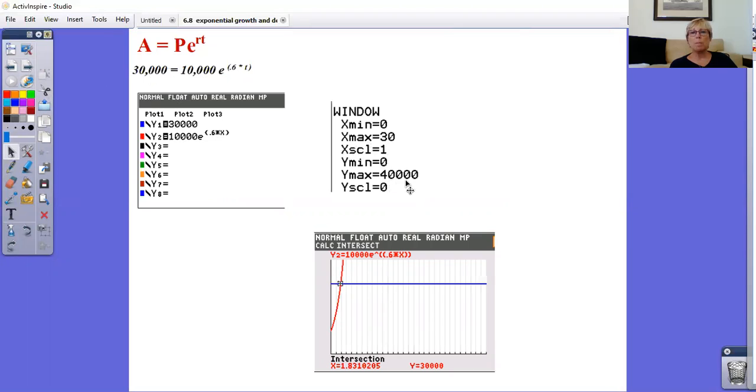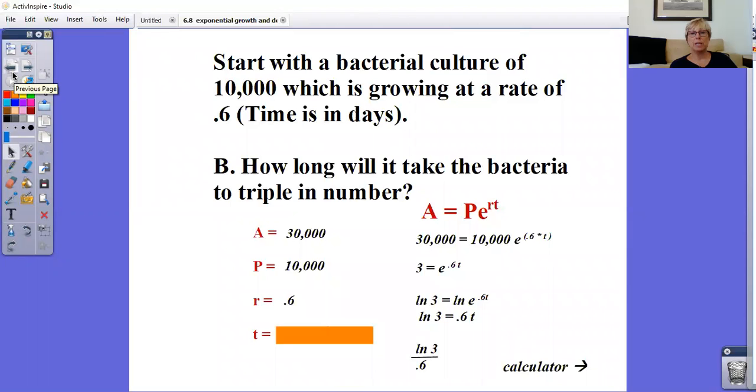I really want my Y max to be a little bit bigger than the larger number. So when I graph it, I just get this picture. And if I don't have an intersection, go back to your window and change it. So second calc 5, enter, enter, enter, and I get the 1.83, which would be the same as ln of 3, all divided by 0.6.